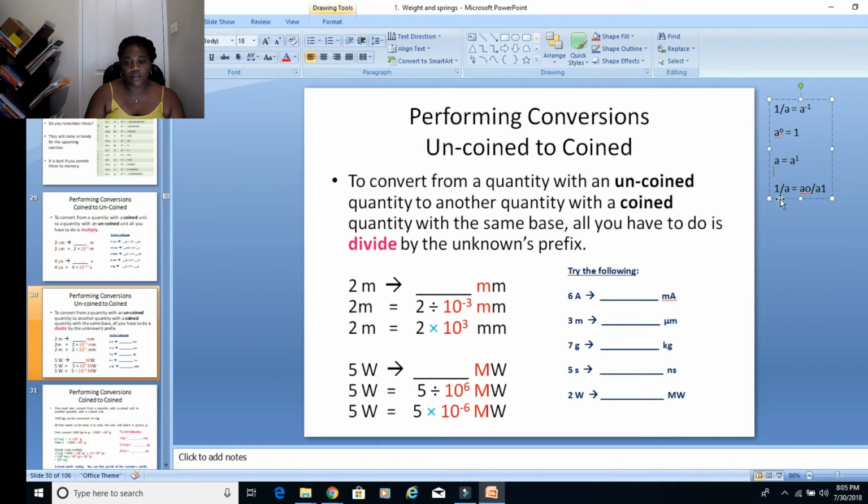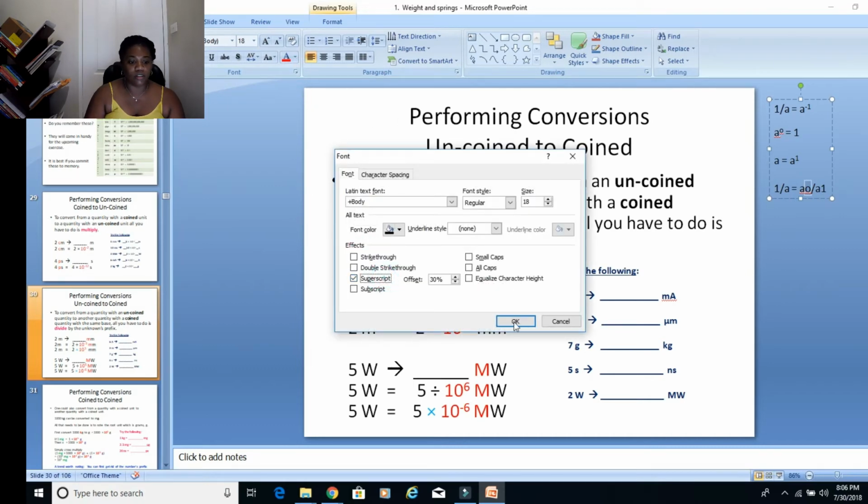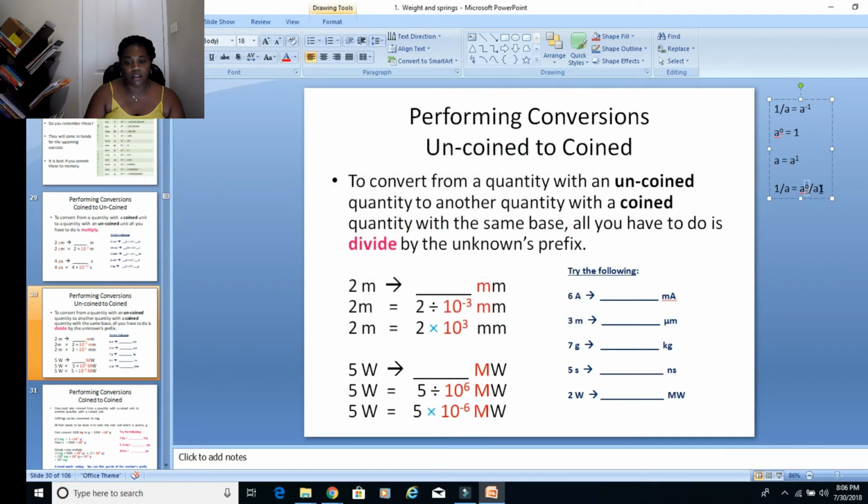Okay. So now, if you put things into perspective, 1 over a is actually a to the 0, because a to the 0 is equal to 1, and divided by a to the 1, because a to the 1 is equal to a.